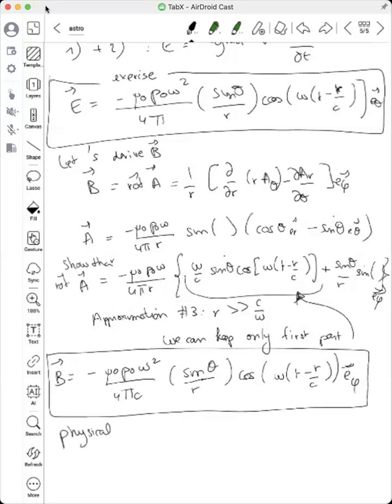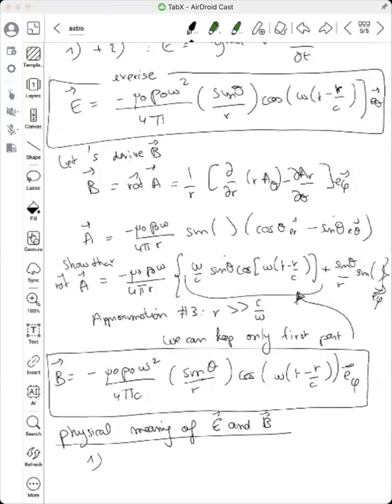Okay, now, the physical meaning of E and B. You remember that when we talked about waves and we asked what is a wave, we said that any function where the space and time dependency is of the shape t minus r over c, or r over v, is the very definition of a wave, right?